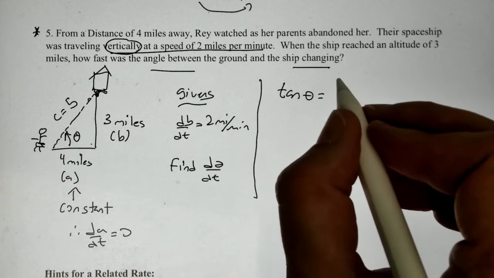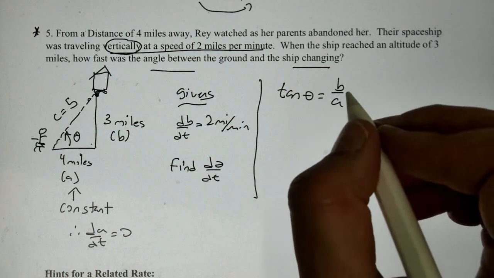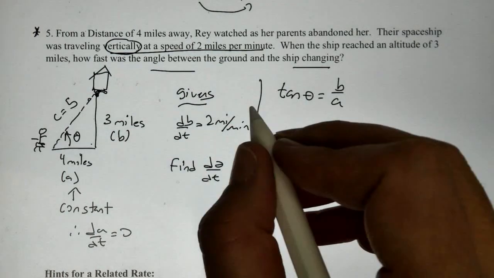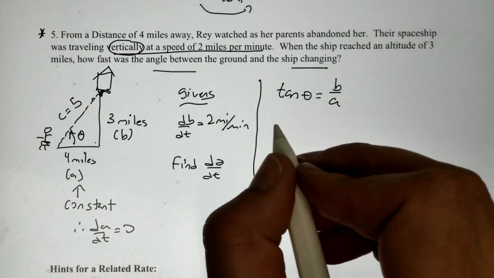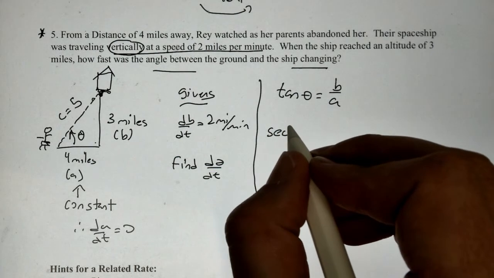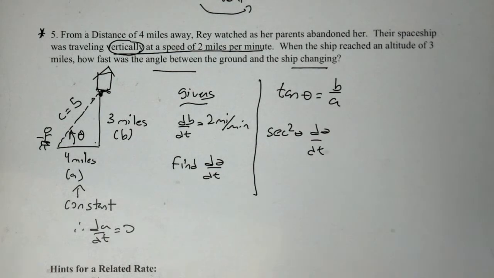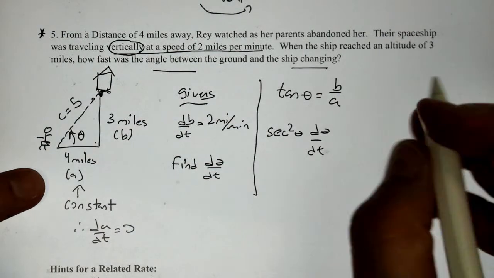Note, I'm going to give everything a variable. Even though there are numbers to it, I don't care about the numbers. I just want the variables for now. This is my position. But now I got to take the derivative. The derivative of tangent is secant squared theta dθ/dt. And this is where our constant will be really helpful for us.